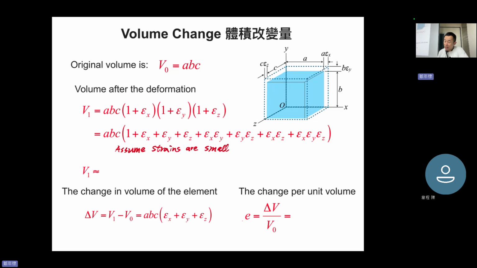So you can see that two small things multiplied together, we can neglect them. This one, neglect them. Okay, very easy. So we can say V1 is approximately ABC times 1 plus epsilon x plus epsilon y plus epsilon z. Okay, that's it.